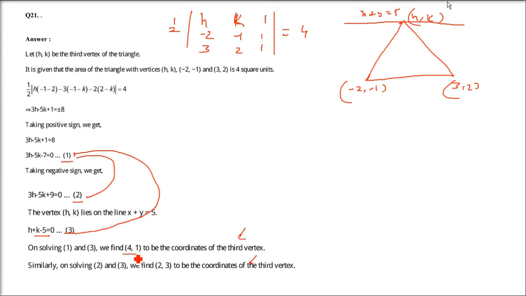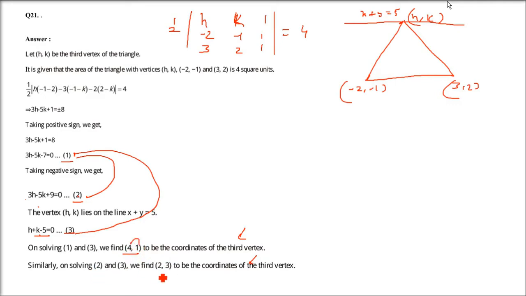So what do you get? The first solution will give you 4, 1 and the other will give you 2, 3. Okay? So the line x plus y equals 5 has come from when we put h and k here. Now this line is intersected with the two lines which we got by taking the positive sign and the negative one, right?